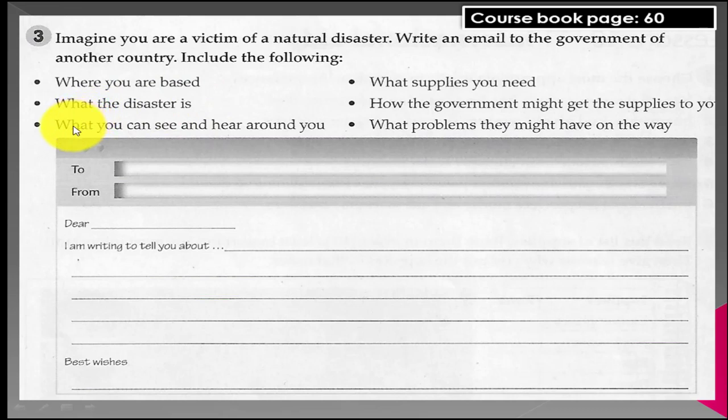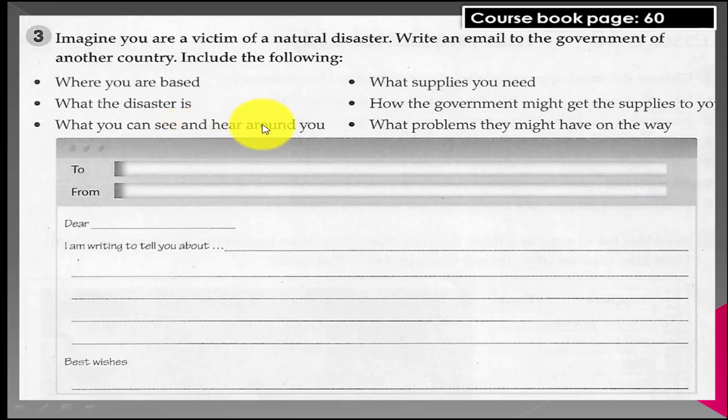So here, what you can see and hear around you. Describe the setting around you. Can you hear, for example, the sounds of children crying, or do you see a big fire, or large crashed houses, or what can you see around you?